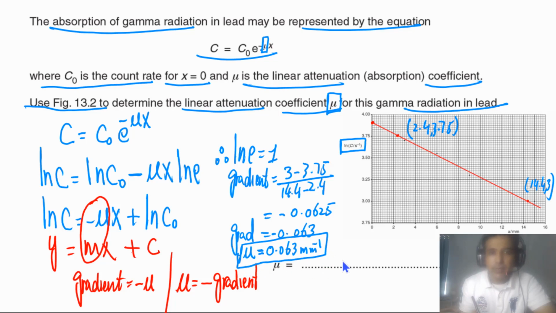So the answer for this is 0.063 per millimeter. In the mark scheme, the given answer for mu is 0.061 per millimeter plus or minus 0.004, and our answer is in this range. So this is how you can figure out the value of mu.